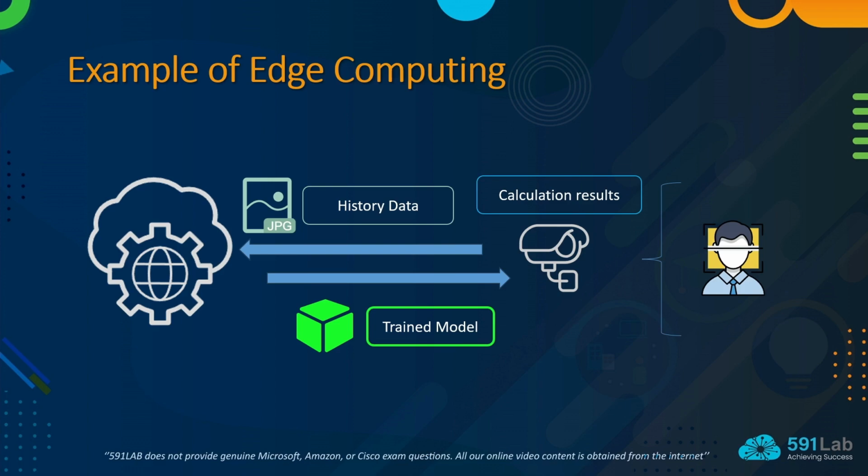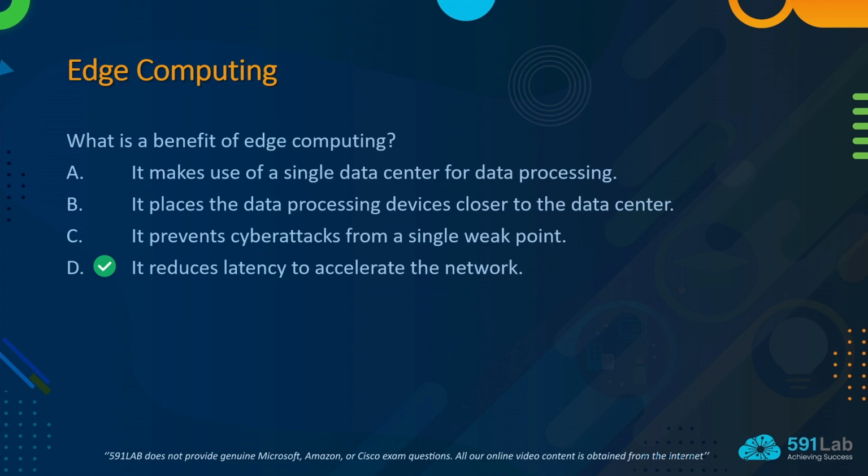So for security, there is no single weak point for edge computing. We will also defend the Cloud Center and the IoT devices. Therefore, the correct answer is D, as it accurately reflects one of the key advantages of edge computing.